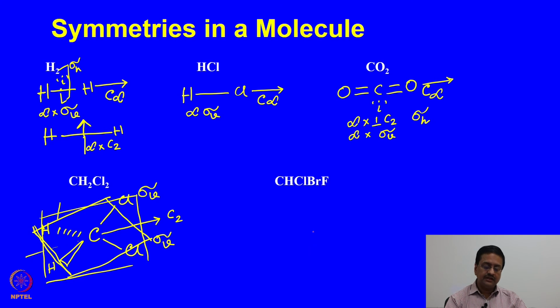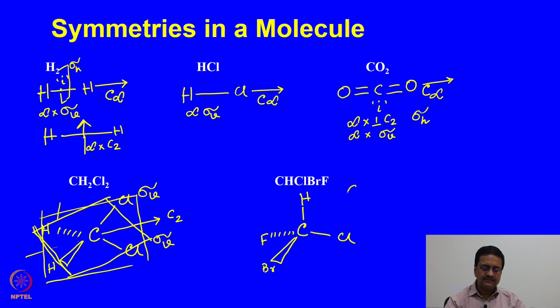Now, let us see a molecule which looks very simple. Carbon, with 4 bonds to hydrogen, chlorine, bromine and fluorine. Do we see any symmetry elements in this?